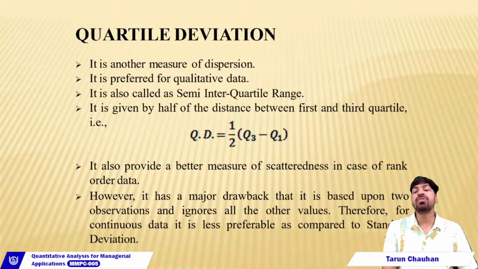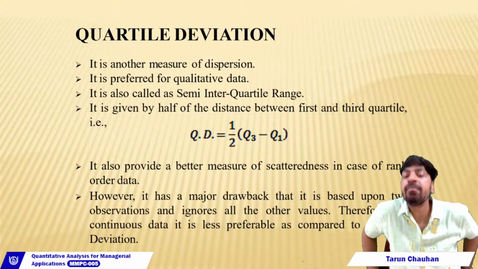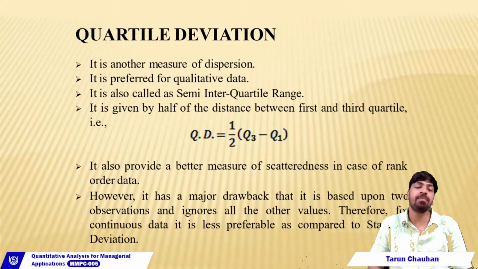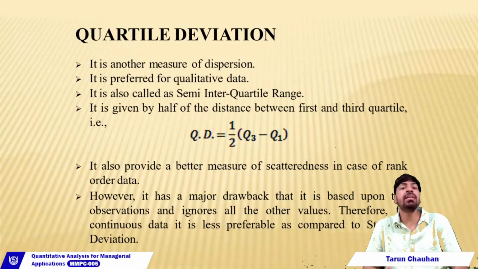But it has a major drawback. It is based on two observations and it always ignores all other values. The two observations are the third and first quartile, that means the highest quartile and the first quartile. For continuous data, it is not applicable, or there is very little chance to apply this measure.